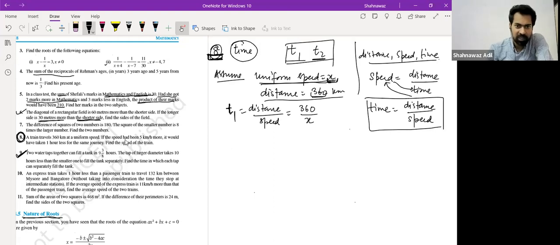If the speed had been 5 km/h more, so the old speed is x.